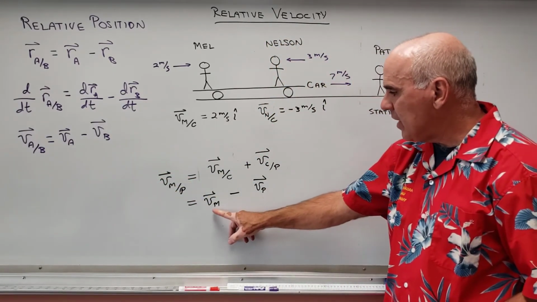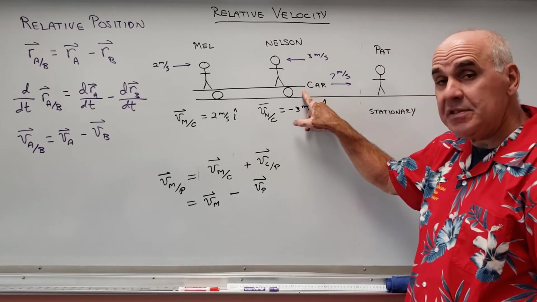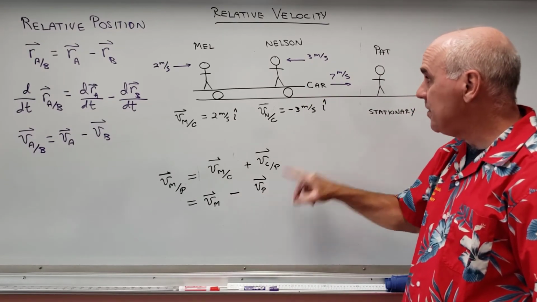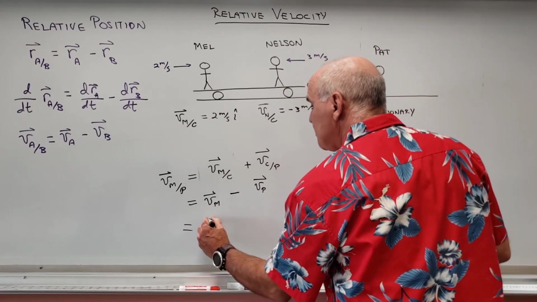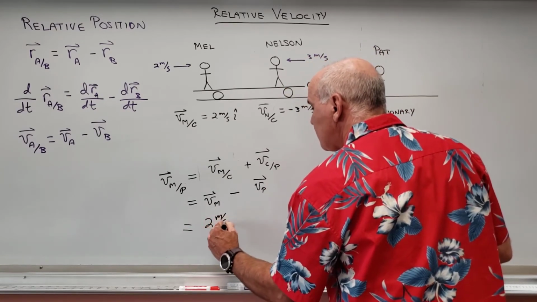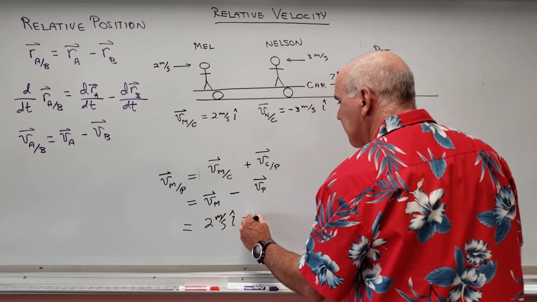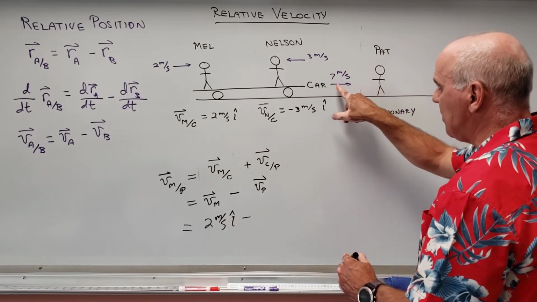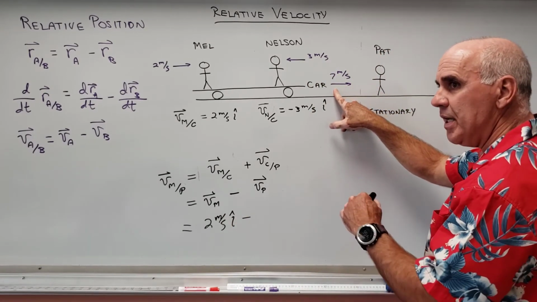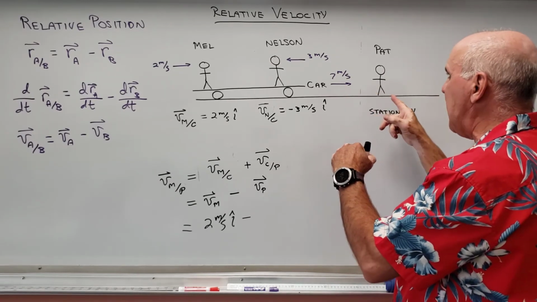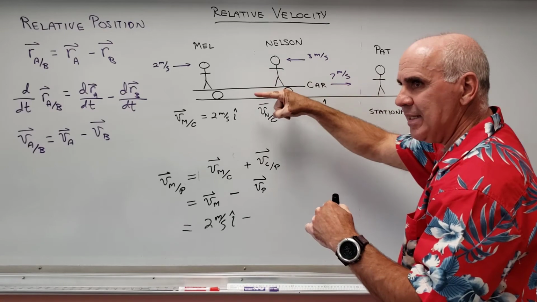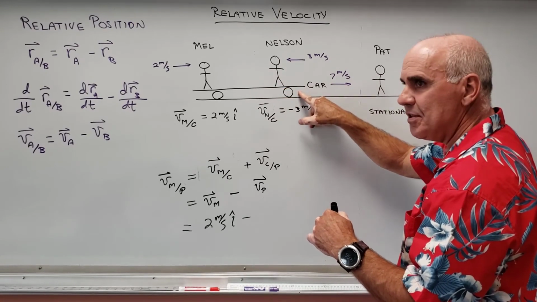So I can take the velocity of Mel with respect to the origin, in this case the car, minus the velocity of Pat with respect to the origin. And I'm going to get 2 meters per second I hat minus the velocity of Pat. But if the car is moving at 7 meters per second to the right with respect to the railroad track, Pat is moving 7 meters per second to the left as far as the car is concerned.